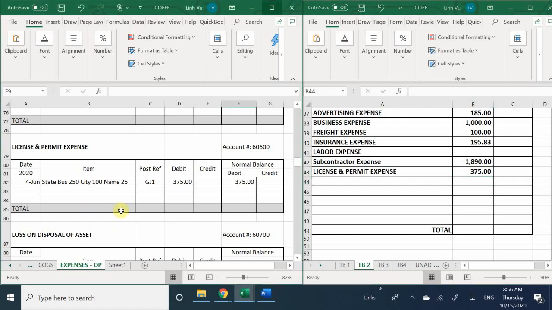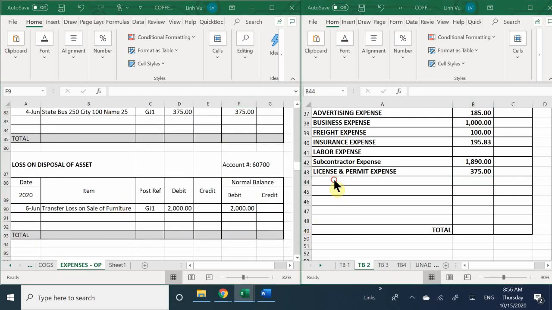All right. Loss on disposal of asset. Yes, we do have that, for $2,000.